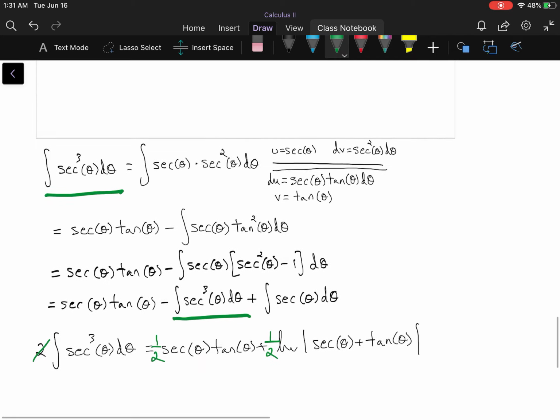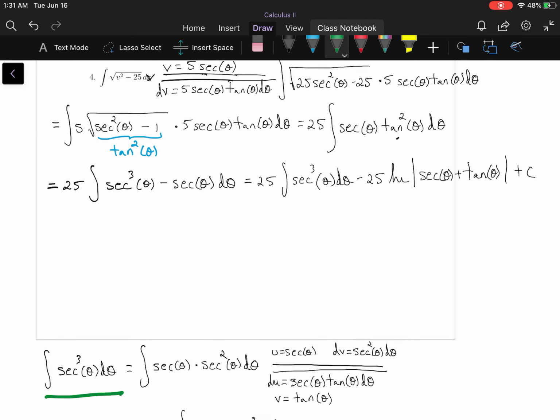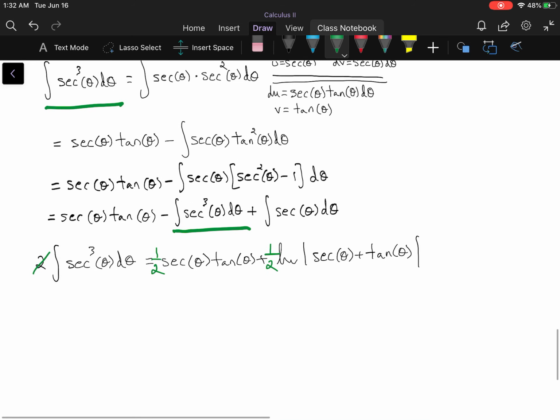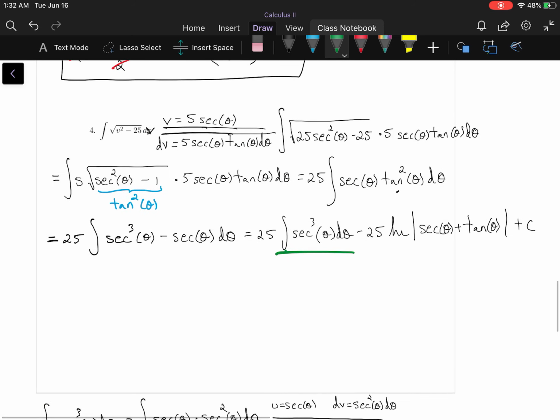Now, why was that important? Because we have the integral of secant cubed over here, so we want to substitute that in. We're going to get 1/2 secant theta tan theta.